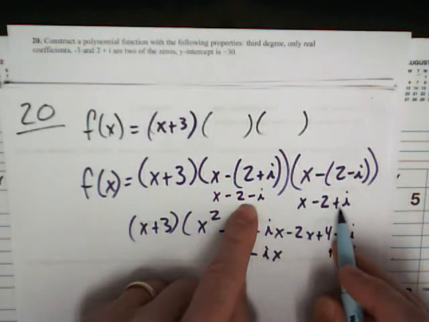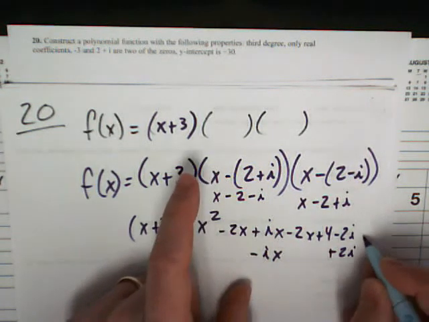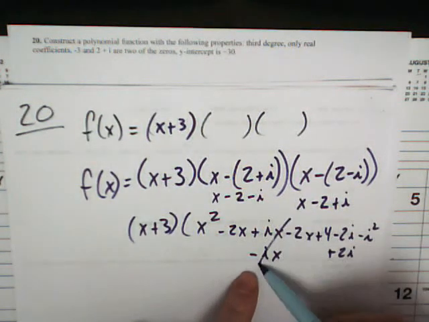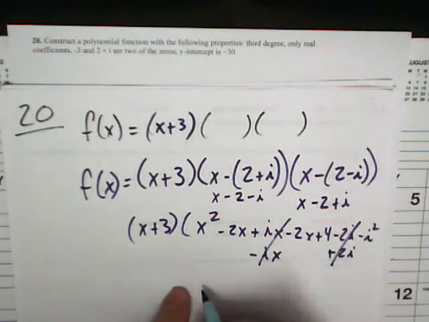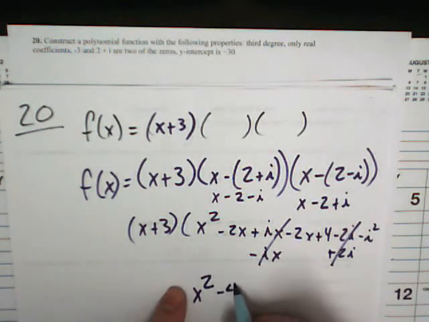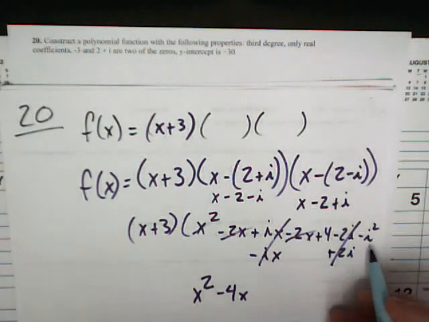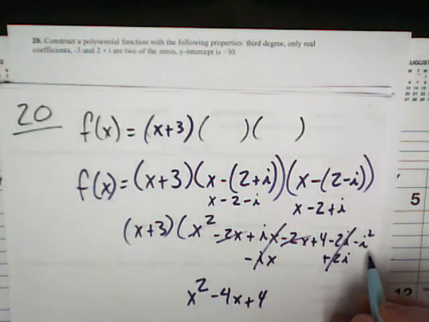And negative times a negative is negative i squared. So I'm going to have another minus i squared here. So the ix's cancel, your 2i's cancel. You're left with x squared minus 4x, plus 4, and then a minus i squared.